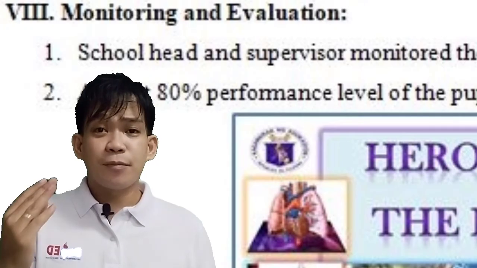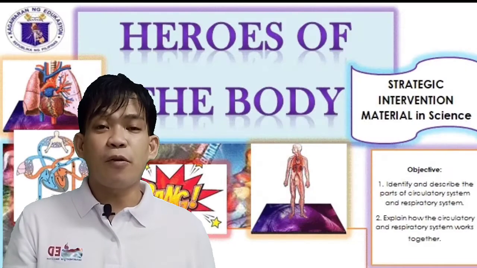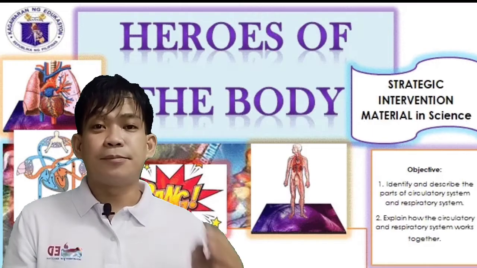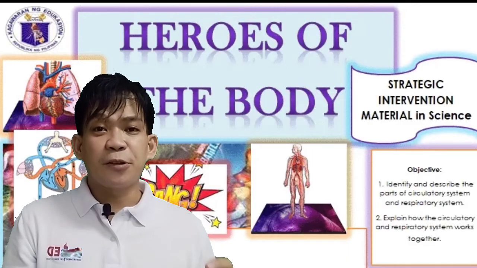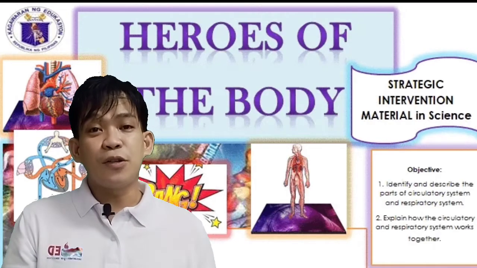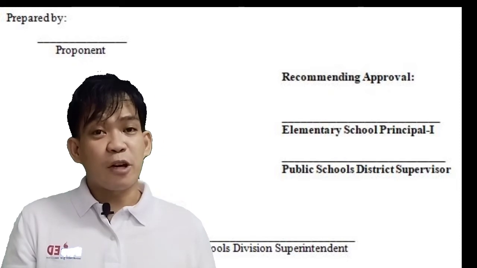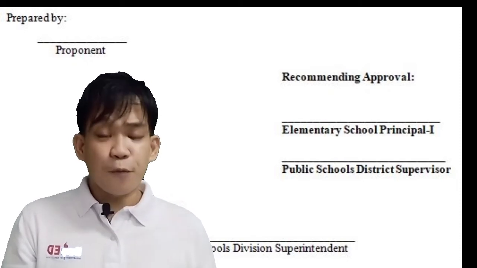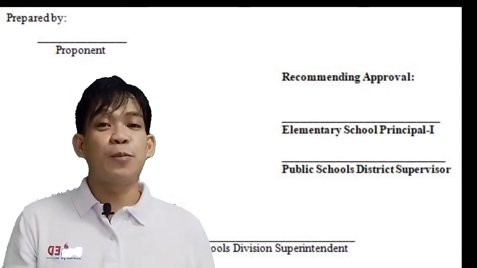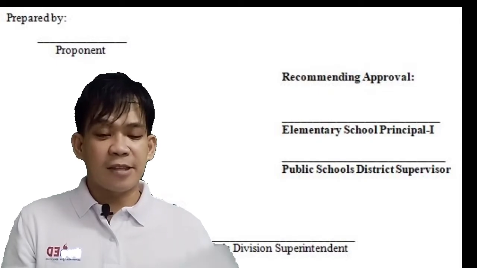And then, kung gusto nyo ilalagay nyo din yung picture ng inyong SIM or yung inyong strategic intervention material. Then sa baba, of course, ilalagay nyo yung inyong, kung sino yung nag-prepare, sino yung recommending approval, and of course, yung pinakamahalaga, it should be approved by your school's division superintendent.